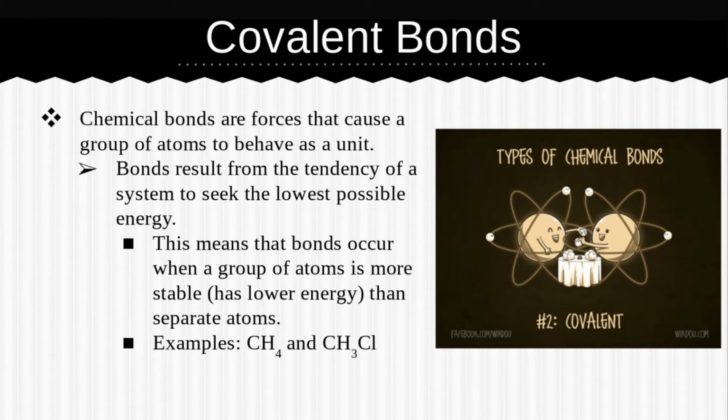But the reason that they do that is to reach this lowest possible energy. So the bond will only occur if the group of atoms bonded together has a lower energy than separate atoms that are not together.